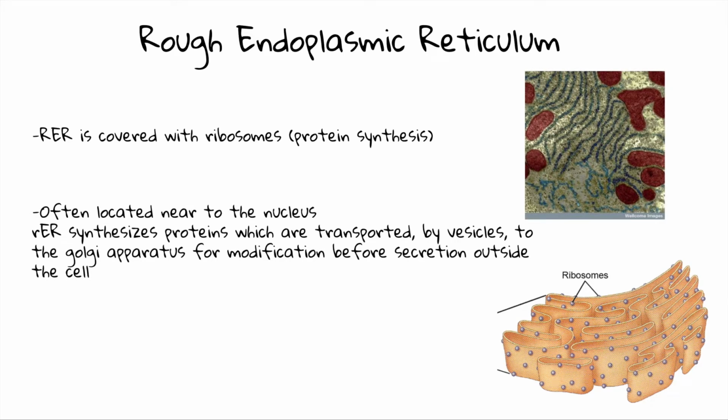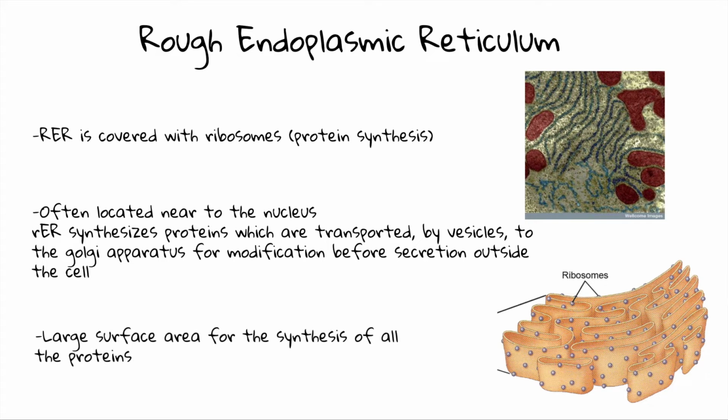They are transported by vesicles to the Golgi apparatus, an organelle which we'll discuss later on, for modification before they are secreted outside of the cell. The RER is often located near the nucleus, and it has a large surface area for the synthesis of proteins. So to the right we have some diagrams of the RER and a microscopic image of the RER.